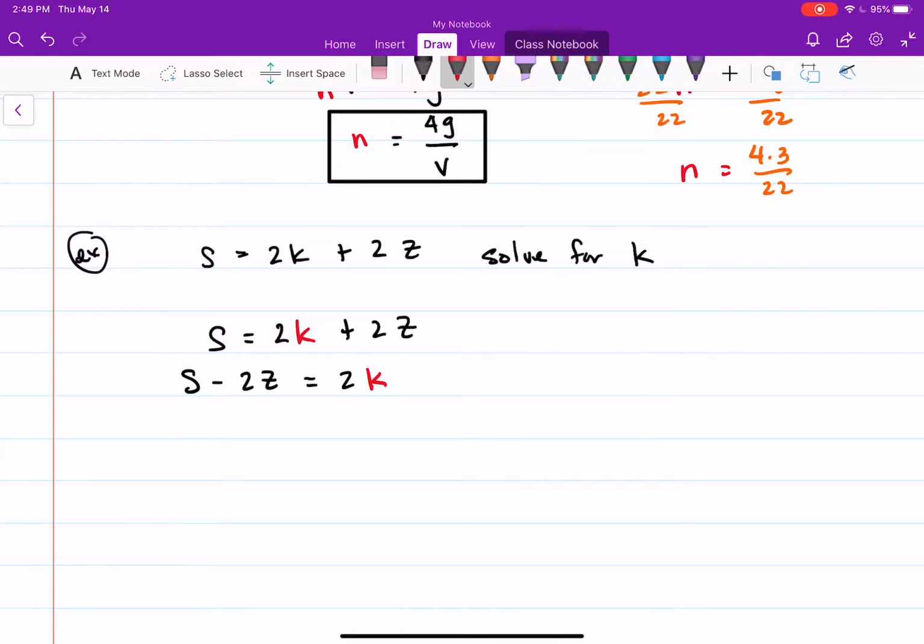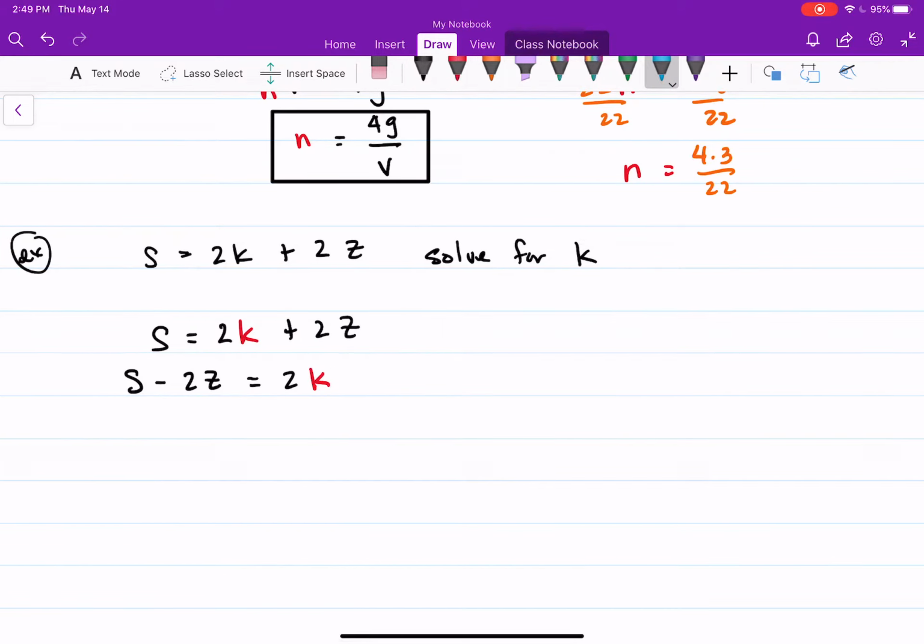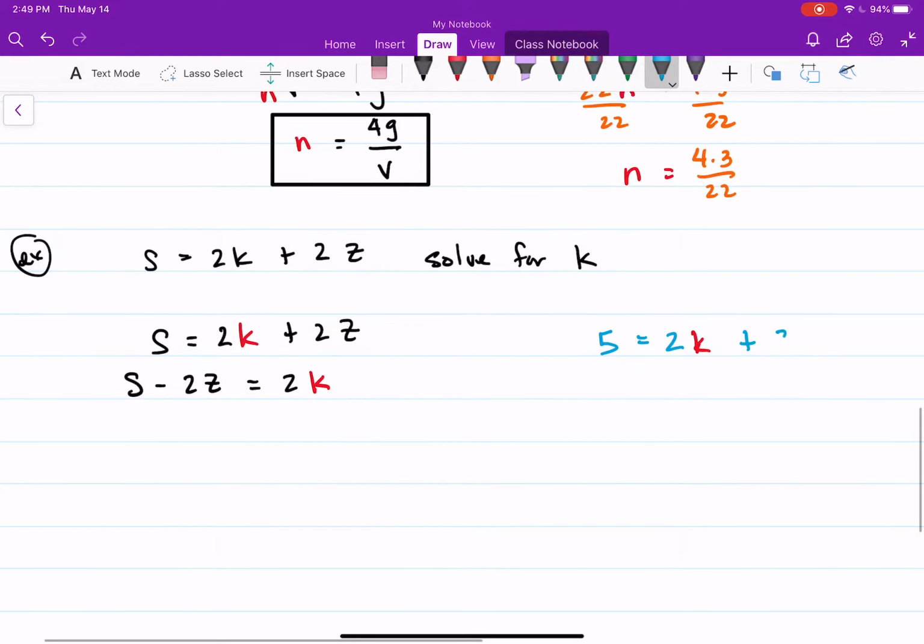Same thing as if I had a problem over here that said, I don't know, S looks like a 5, so 5 is equal to 2k plus, let's make 2z a number, right? If it was 2 times, let's say, 3.